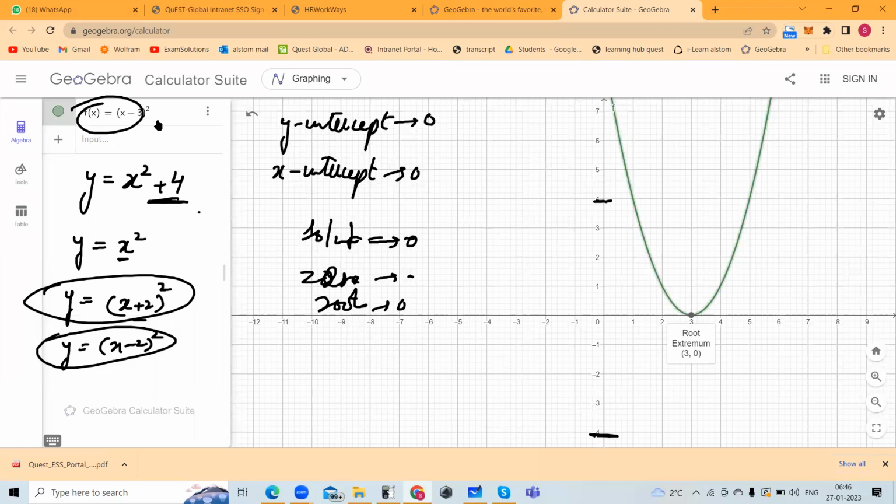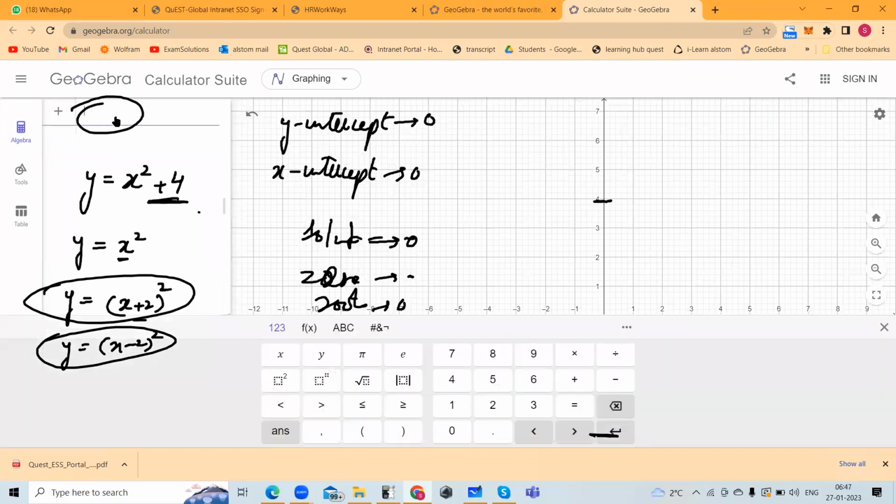So let's go back to the basic parabola, y equals x squared.